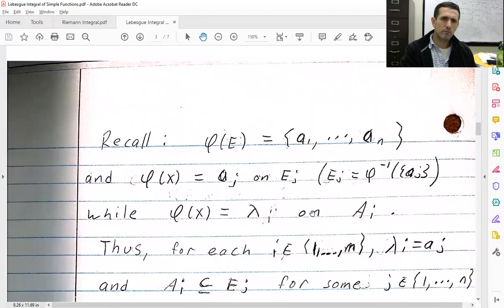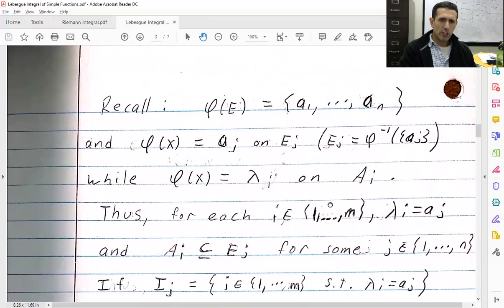That also means A_i is going to be a subset of E_j. For x in A_i, φ(x) is λ_i, which is a_j, so x is in the inverse image of little a_j. So it's in big E_j. So if x is in big A_i, it's in big E_j.